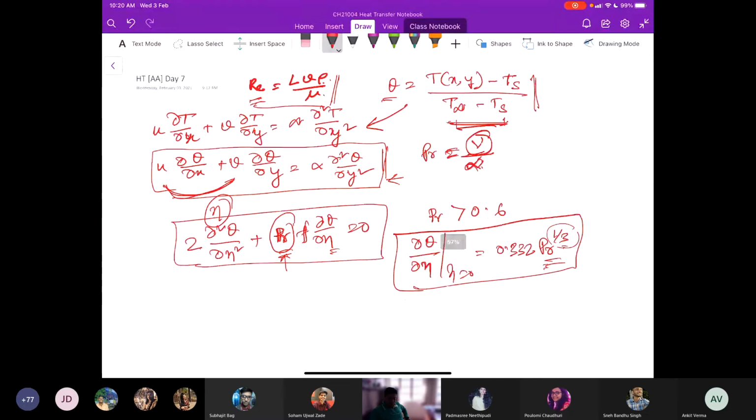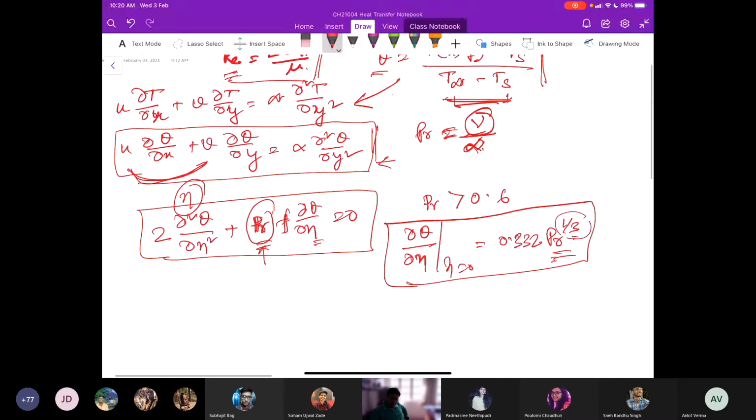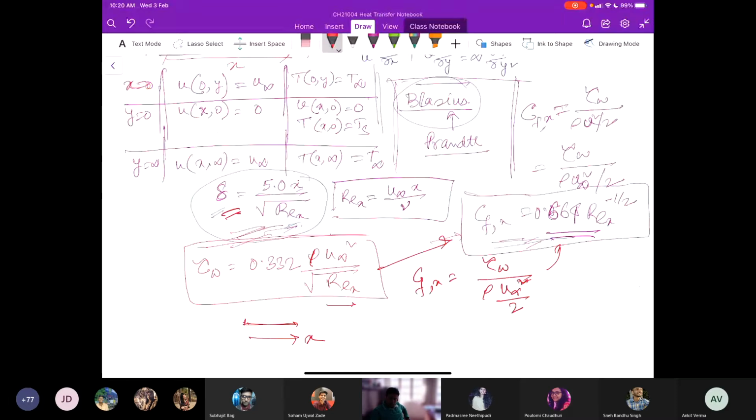For example, in the last case, you have seen a coefficient with the boundary layer thickness that relates with the Reynolds number with a power of minus half in this case. So half, 1/3, these types of numbers you would see frequently.